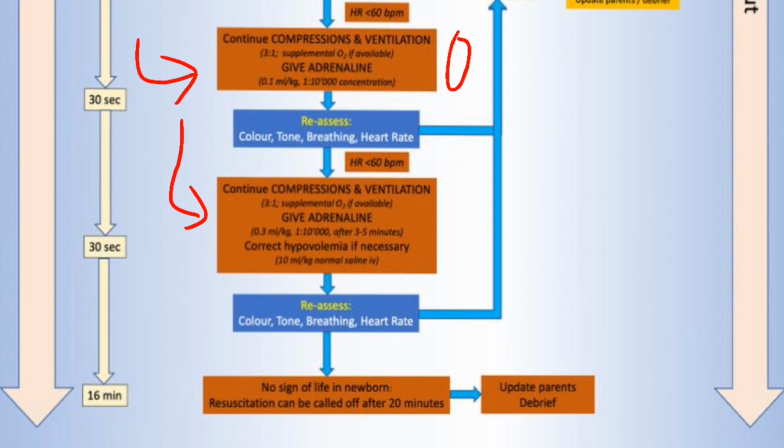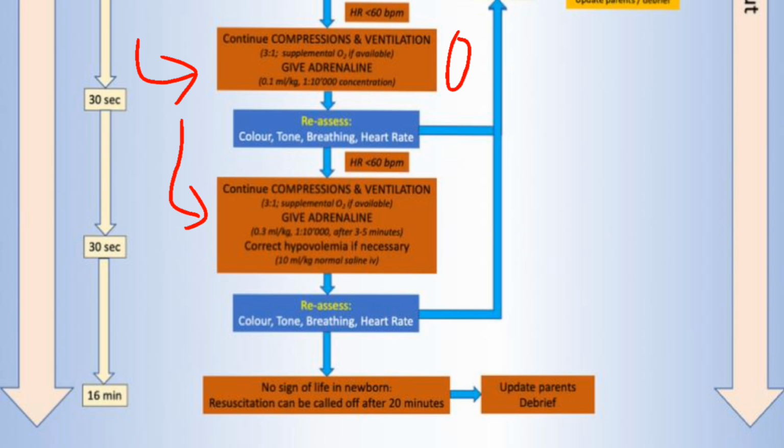Okay, so if you started with 0.1, then you still go for 0.3, but if you started maybe with 0.2, then you have to also just follow your initial one you started with. Since here we had started with 0.1, that's why here we have gone for 0.2 mils per kg in the same 1 to 10,000 concentration after 3 to 5 minutes.